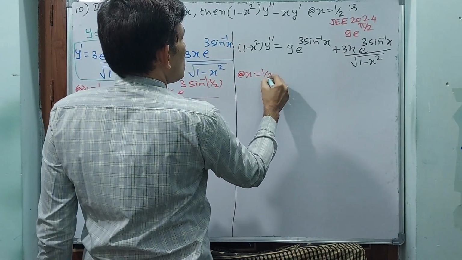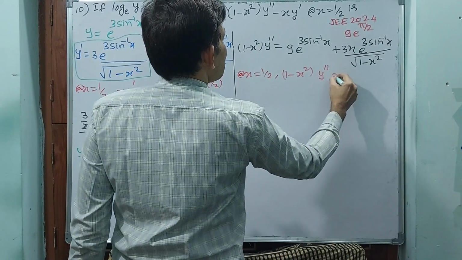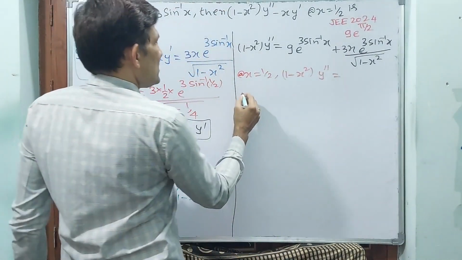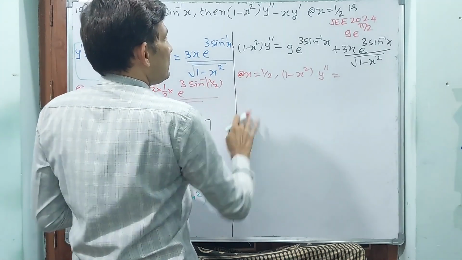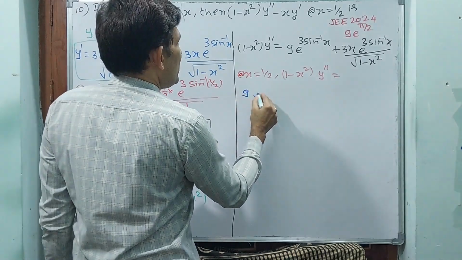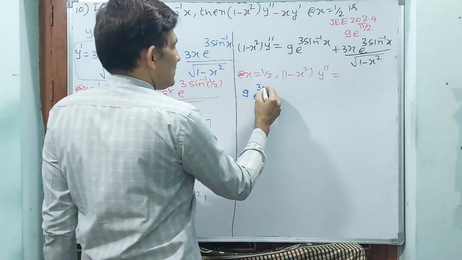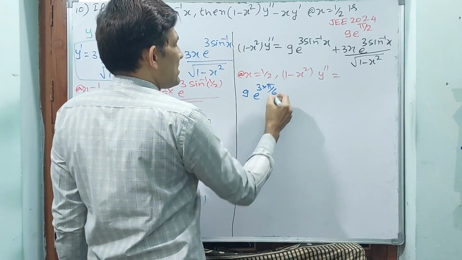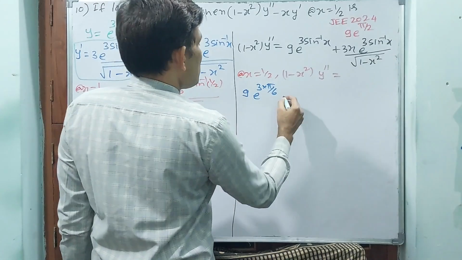At x is equal to 1 by 2, 1 minus x square into y double dash is equal to, see, 9 into e power 3 sin inverse of 1 by 2, pi by 6. Actually pi by 2 is going to come. Why? Because 3, 2 times goes. Okay, let it be.